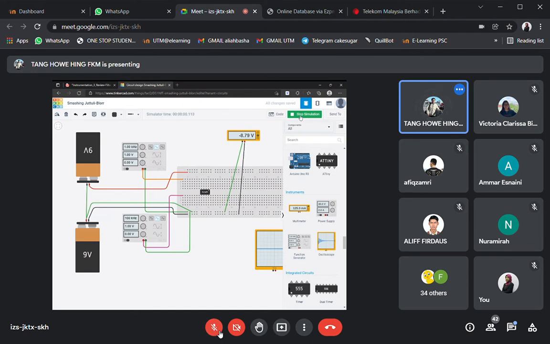The main problem is that because of this 100 kilohertz sine wave, the step time for this simulation is actually very small, so that's why we need to wait a long time for it to settle down. Okay, all right. So seems like we have already established the positive and negative.